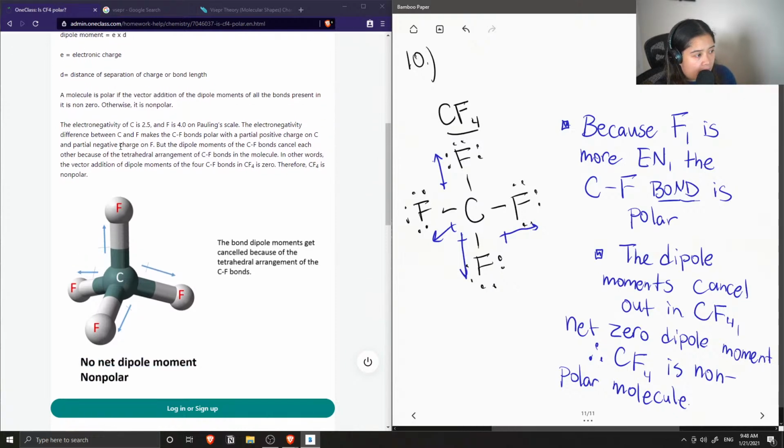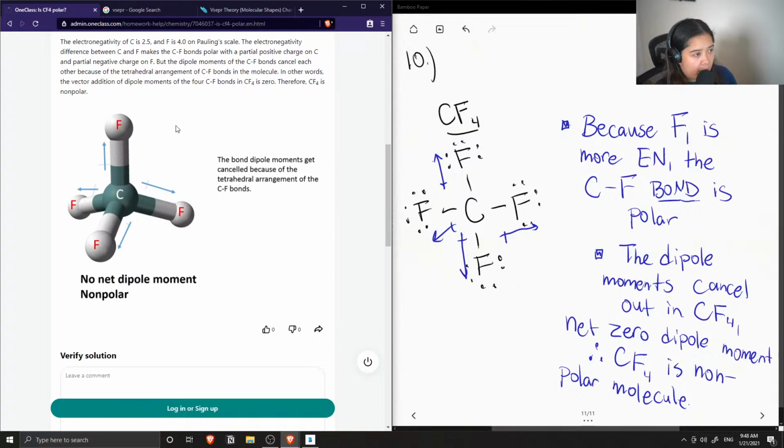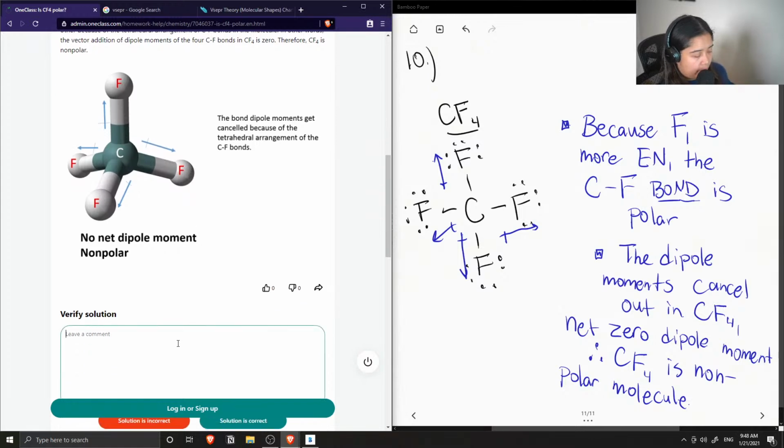So the difference makes the carbon-fluorine bonds polar, partially positive charge on carbon, partial negative charge on fluorine. But the dipole moments cancel each other because of the tetrahedral arrangement of the bonds in the molecule. So in other words, the vector addition of dipole moments of the four bonds is 0. Therefore, carbon tetrafluoride is nonpolar. Yep, so that was a great answer. So the solution is correct.